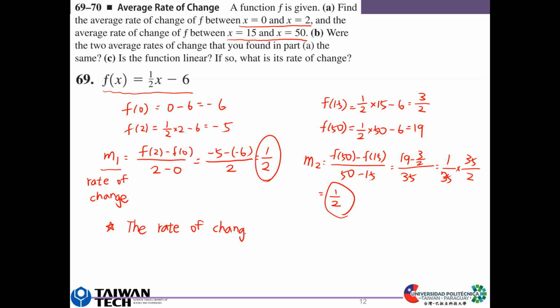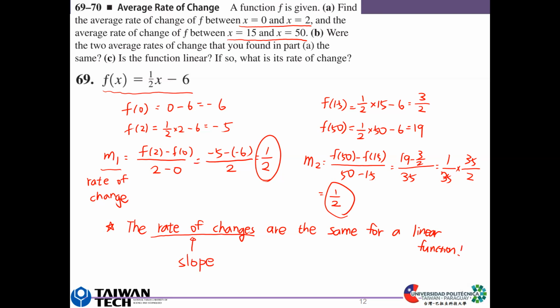The rates of change are the same for a linear function. And if it is a linear function, we can define this as the slope.